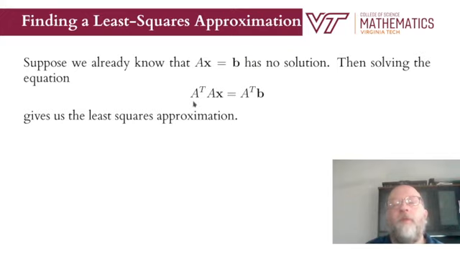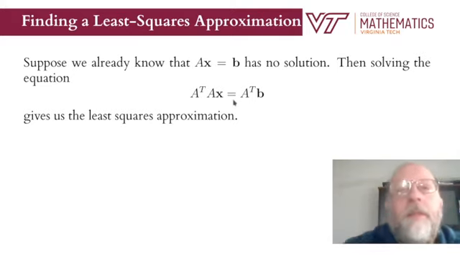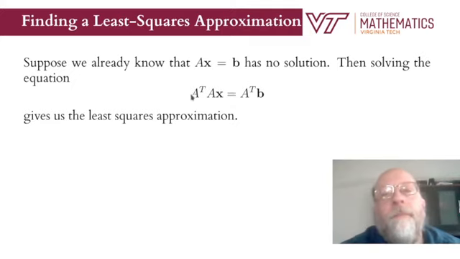There is also a calculus-based technique where you take the magnitude of AX minus B, take the derivative, set it equal to 0, and solve for the vector x that minimizes that distance. This is a non-calculus solution that just uses matrices. Multiply both sides of the system by A transpose, and that gives us the least squares approximation.